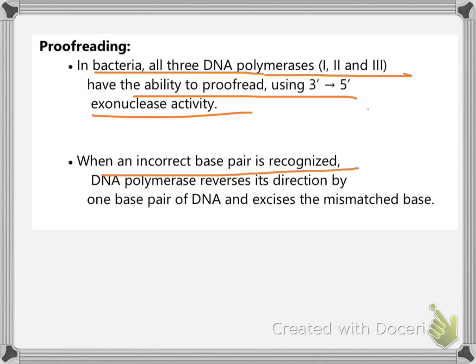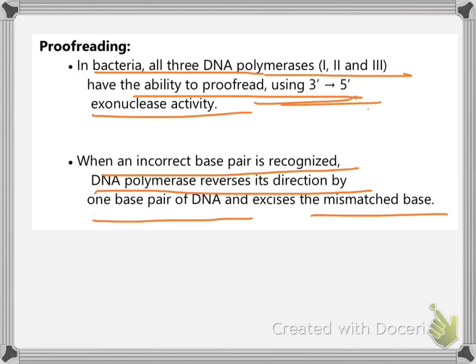When an incorrect base pair is recognized, the DNA polymerase reverses its direction by one base pair, excises the mismatched base, adds the correct one, and then proceeds. This process is known as proofreading.